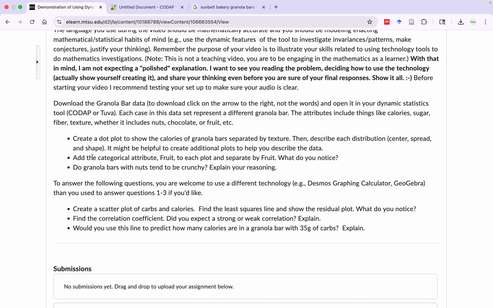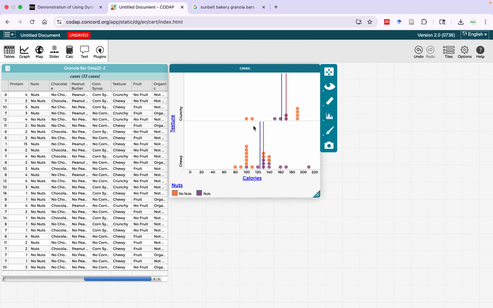Oh, I need to answer these. Create a dot plot to show the calories of granola bars separated by texture. Did that. Then describe the distribution, center, spread, and shape. Okay. Already did that. This is bimodal. I guess it's not bimodal. I guess we do have this, but we also have this spike here.